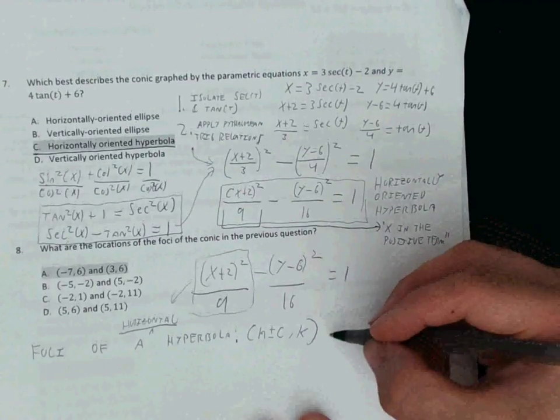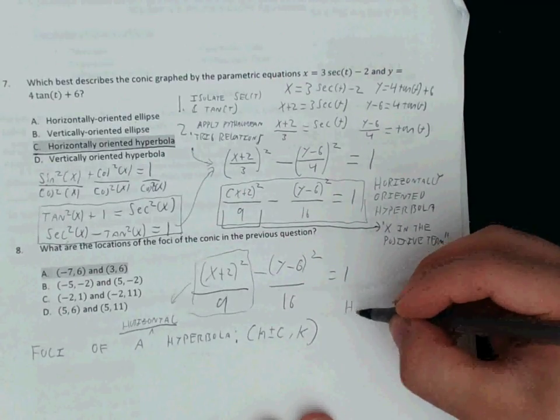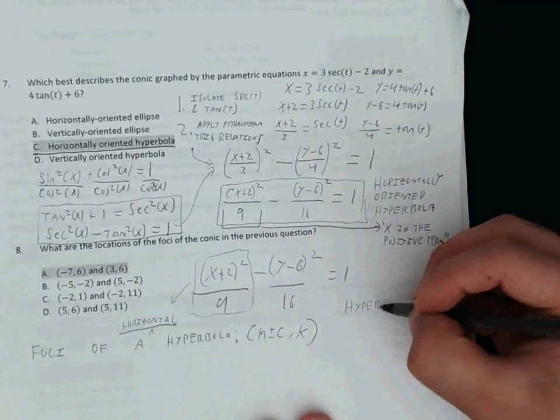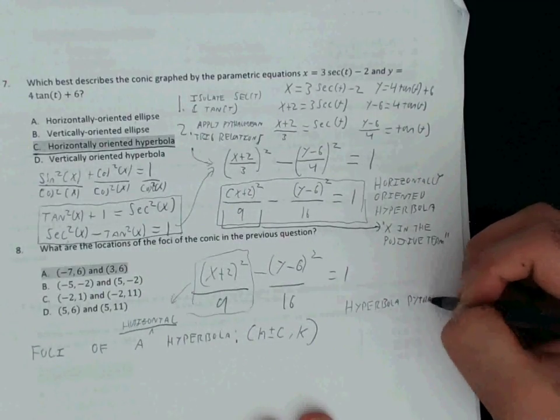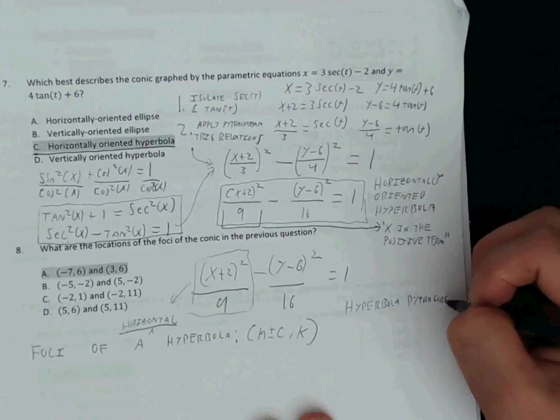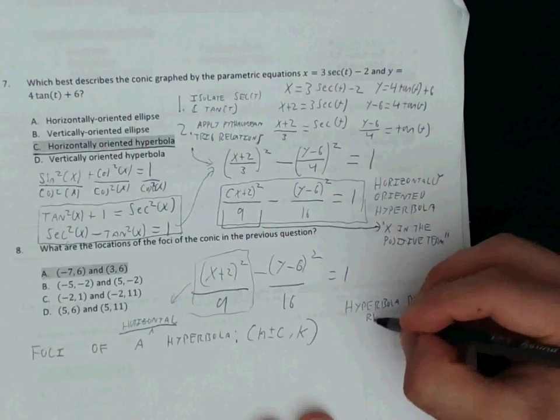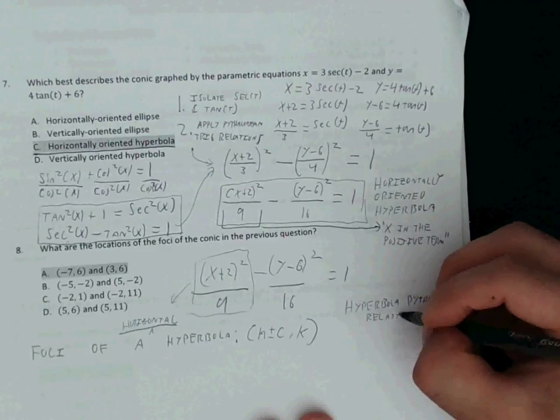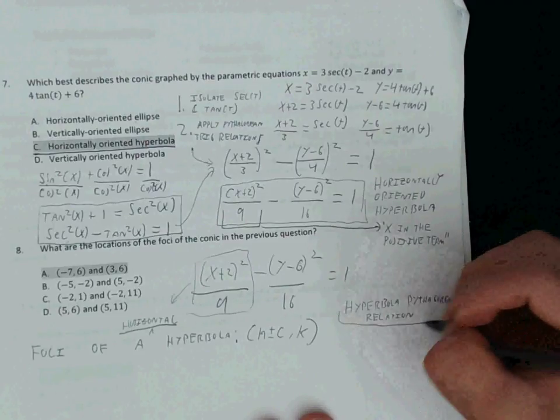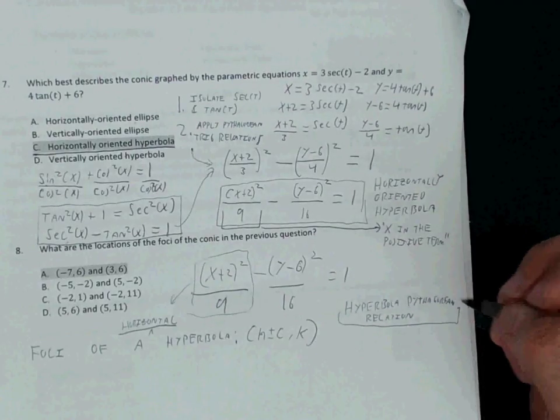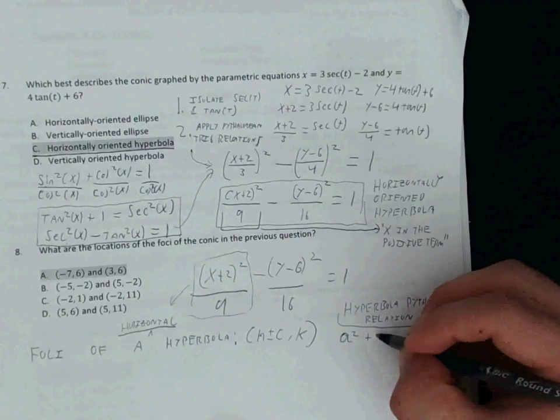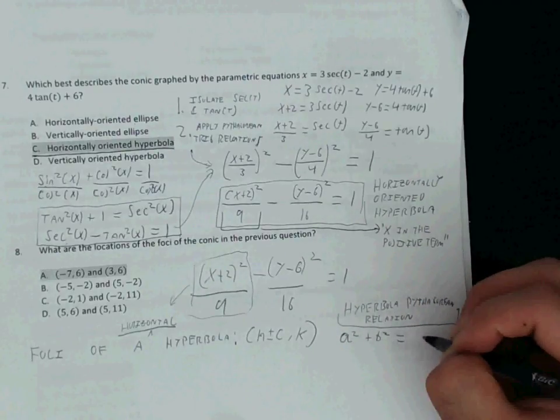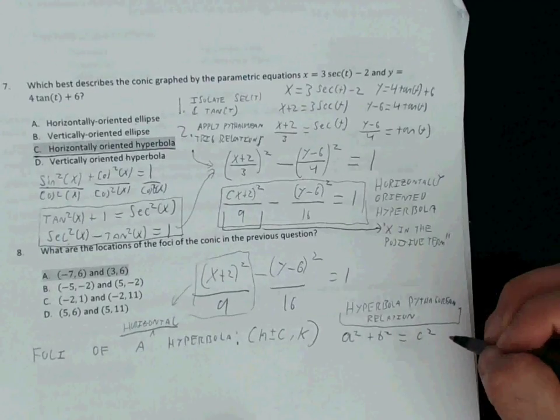Another thing we have to know is our hyperbola Pythagorean relation. And that's going to be a squared plus b squared is equal to c squared.